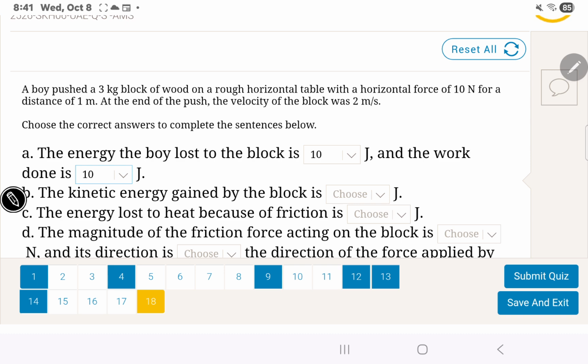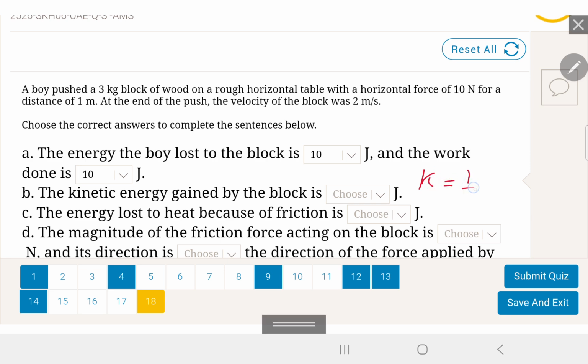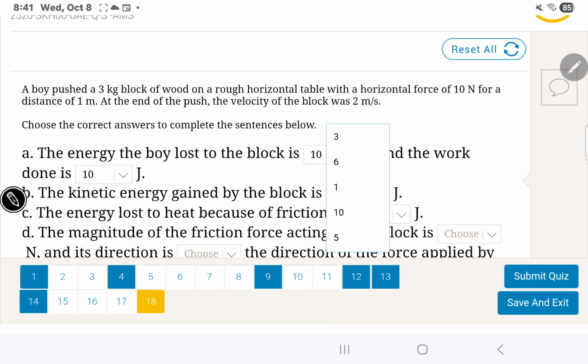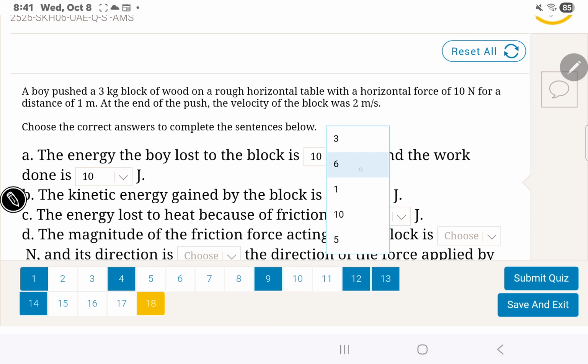The kinetic energy gained by the block is... Now kinetic energy is equal to half mv squared. Velocity here is 2, so 2 squared.